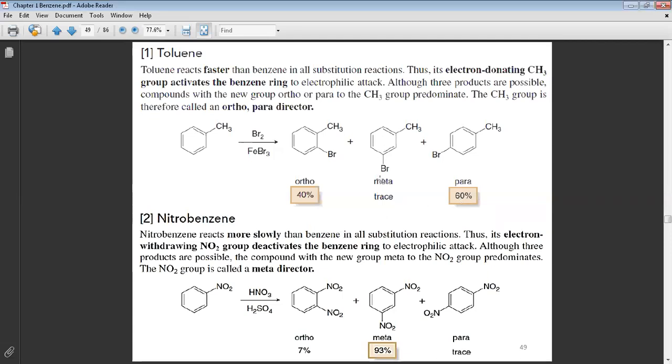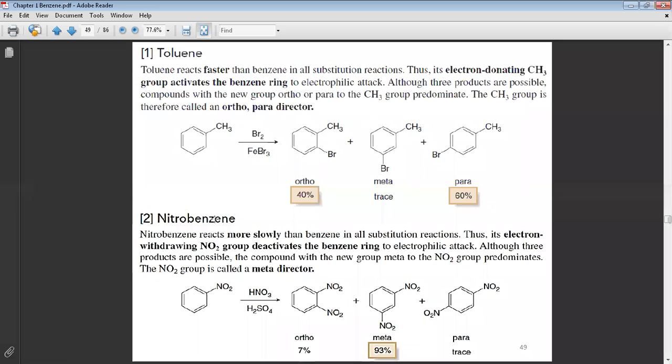For the meta, trace, meaning a very small amount. That means the main products will be para and then ortho. Why this happens, we will learn, inshallah, in this lecture. The main percentage of the product is ortho and para, and the trace or minor amount is for the meta.